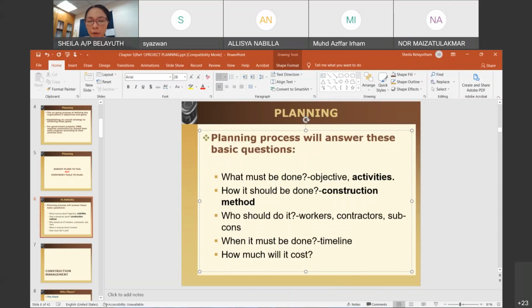Okay, so you identify the construction method. So let's say you will be installing the batching plant. Okay, so you need to identify which contract to be given. Who are the subcontractors who will be conducting the rebar? So who will be the carpenters for the formwork? Who will be doing the concreting? So the team yang berbeza-beza. Okay, but you need to know who will be doing what.